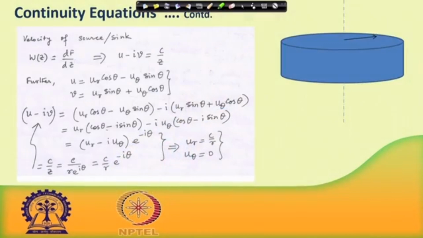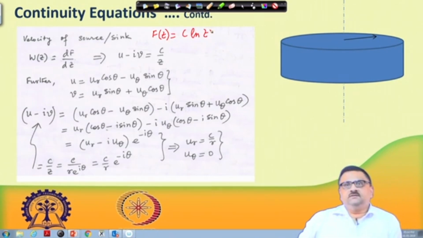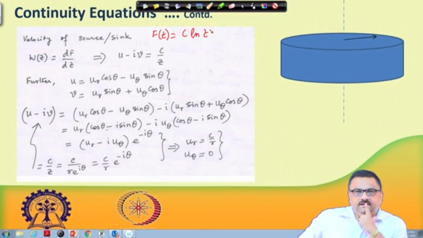Here we had talked about F(z) for source or sink. We said F(z) was C ln z. So, that is the expression for F(z), and we broke it up.